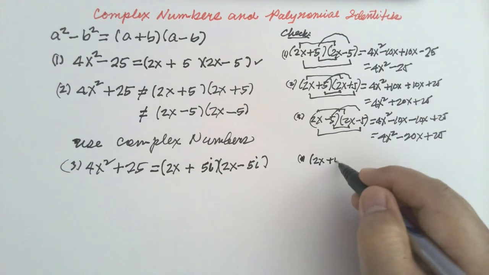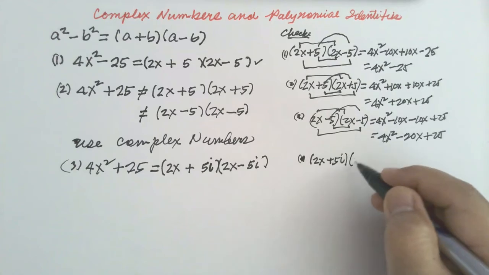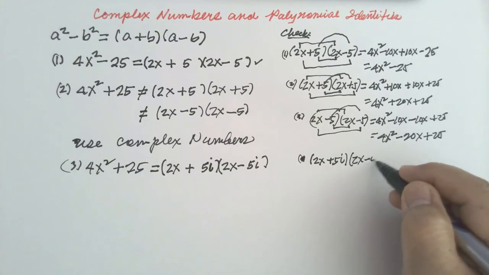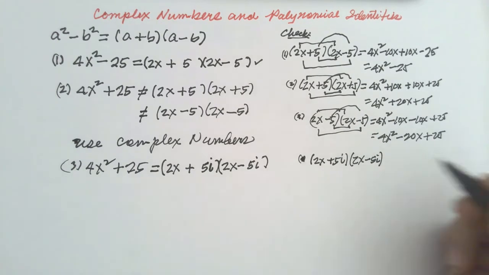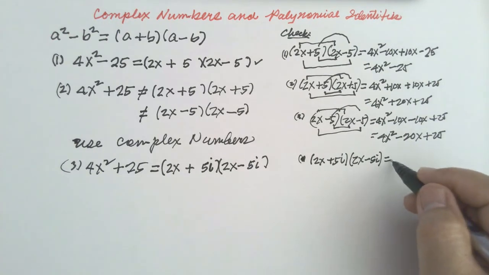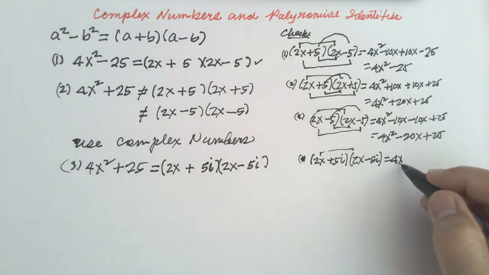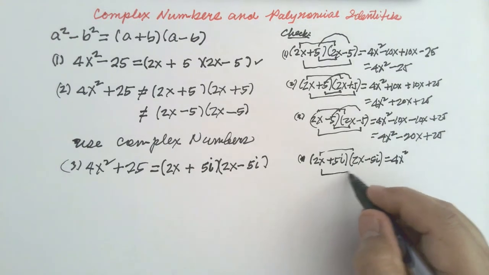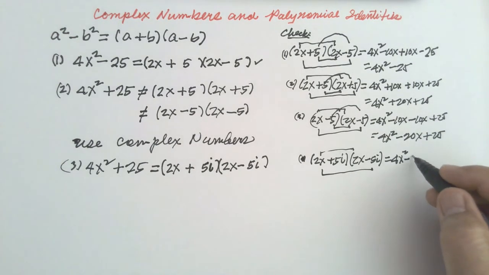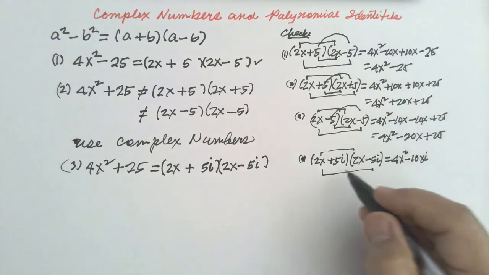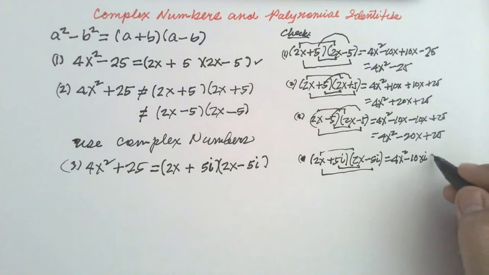2x plus 5i times 2x minus 5i equals first term times first term, 4x squared. Outside terms, negative 10xi. Inside terms, positive 10xi.